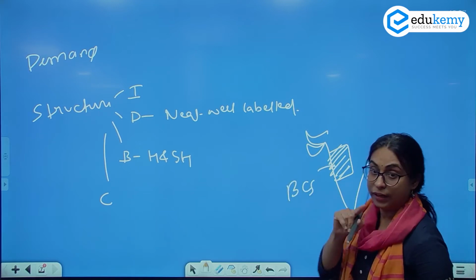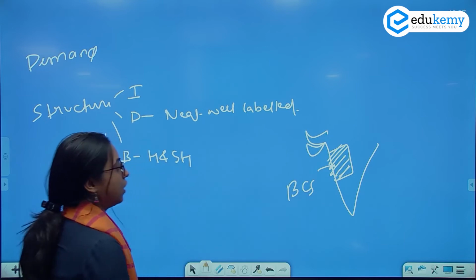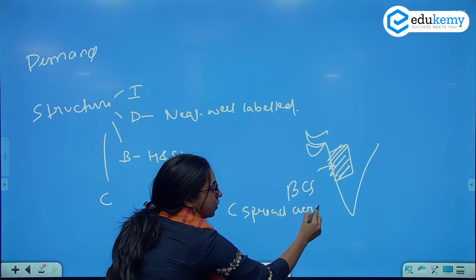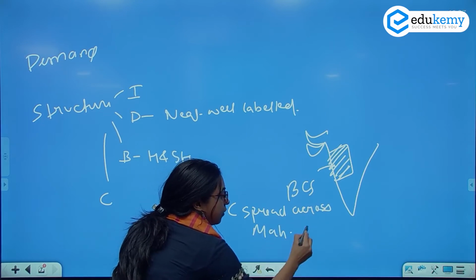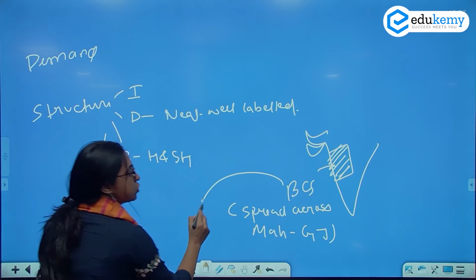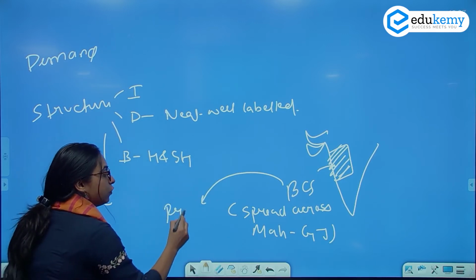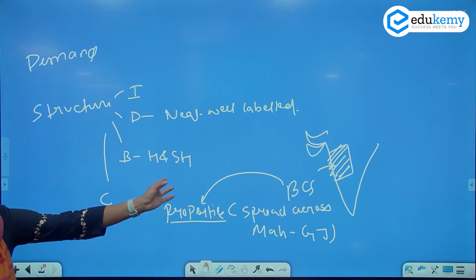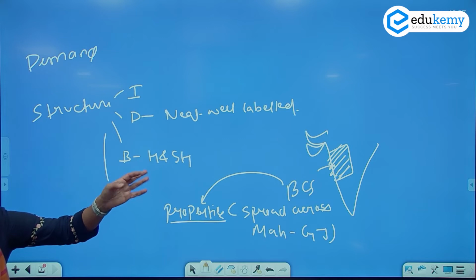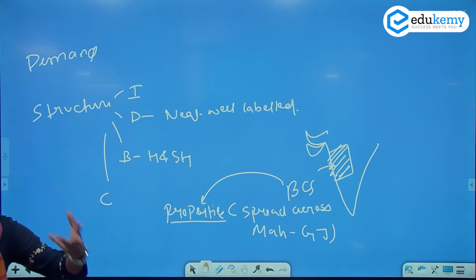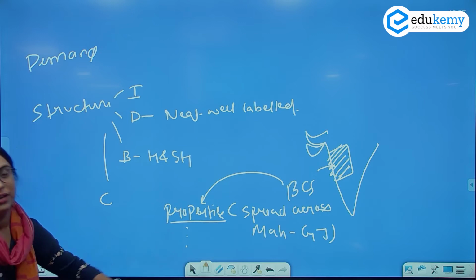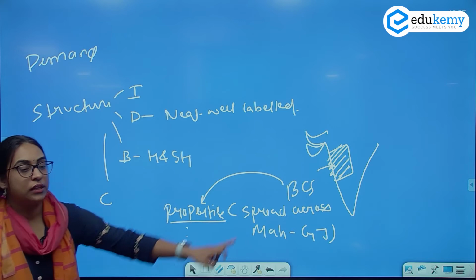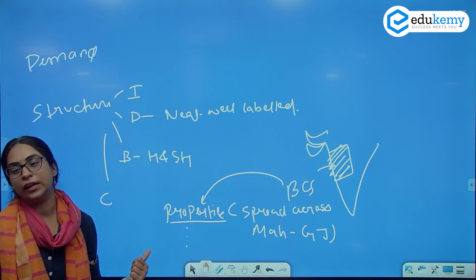A better candidate would write that it is spread across Maharashtra and Gujarat, and some portion of Karnataka. And if he has some luxury, he will also write the properties: clay in content, black in color, what nutrients it is rich in. This becomes an added advantage for the candidate.